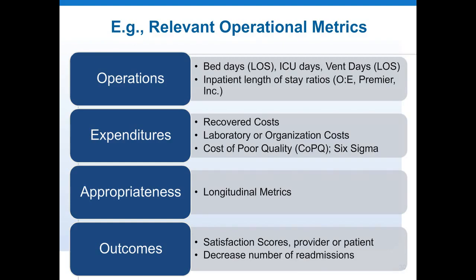As you make changes in the laboratory, you may see changes that are developing in these ratios. Recovered costs, laboratory costs, longitudinal metrics, satisfaction scores, etc., decreased number of readmissions. These are all things that you can look at as far as proving the laboratory value or impact on these operational metrics.